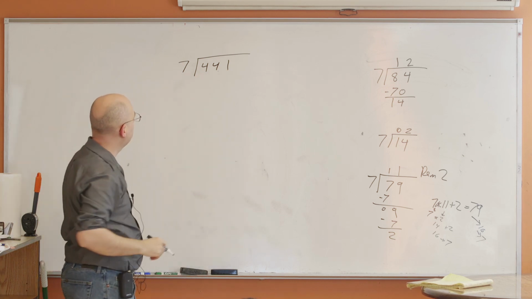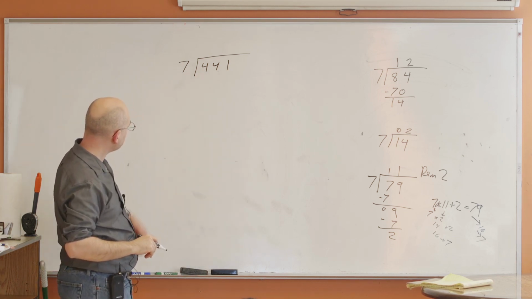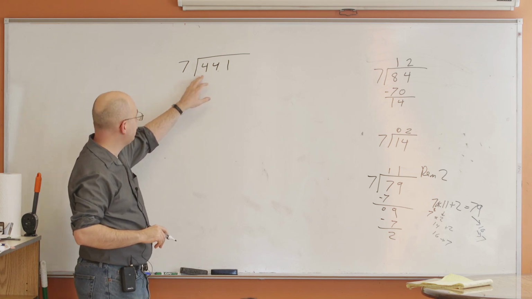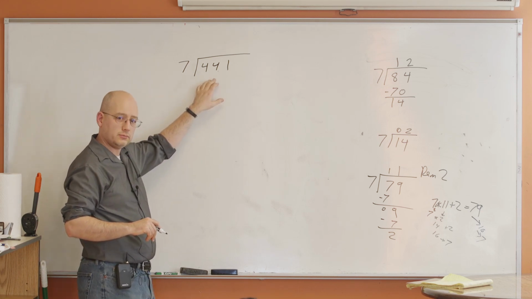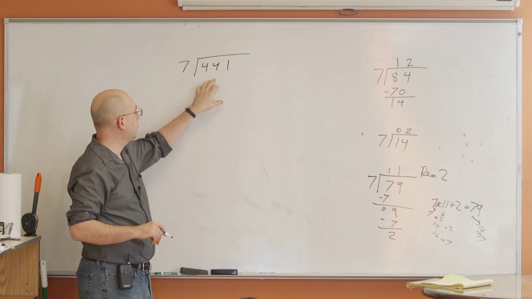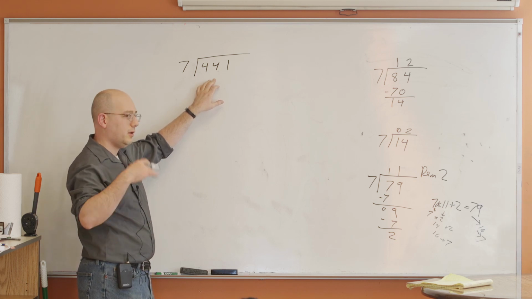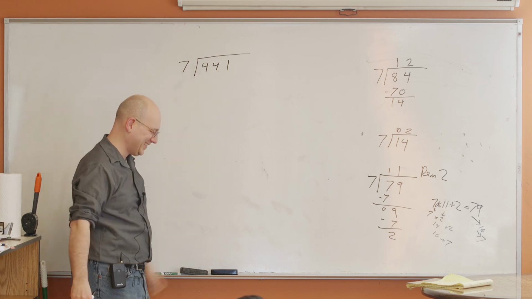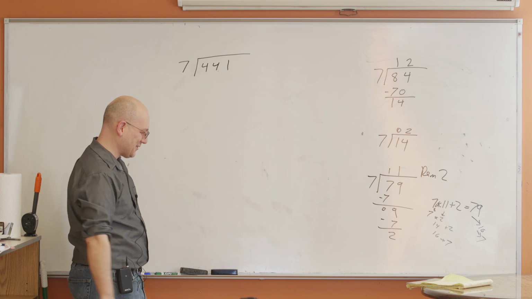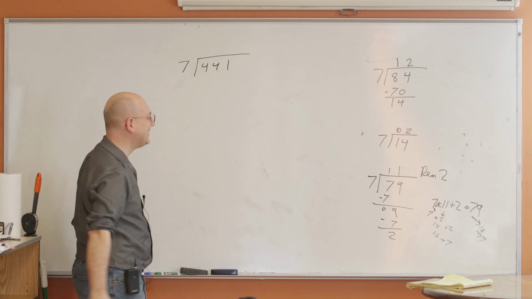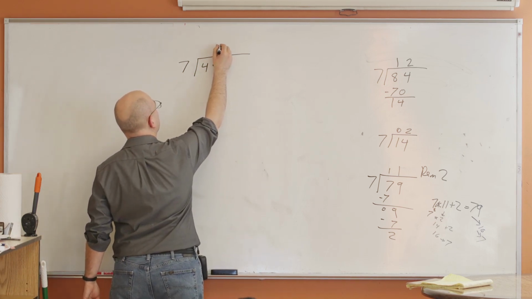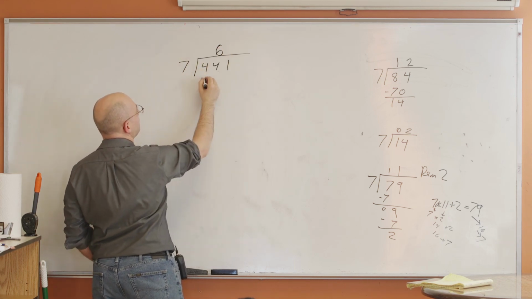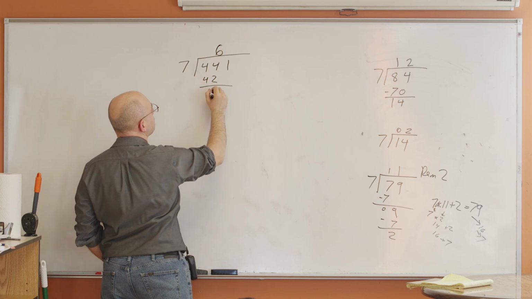So now let's go try 7 into 441. So, does 7 go into 4? No. Does 7 go into 44? So what's the closest thing that's a multiple of 7 that's less than 44? All right, well, it's 42. And 7 divides into 42 6 times. 6 times 7 is, of course, 42.